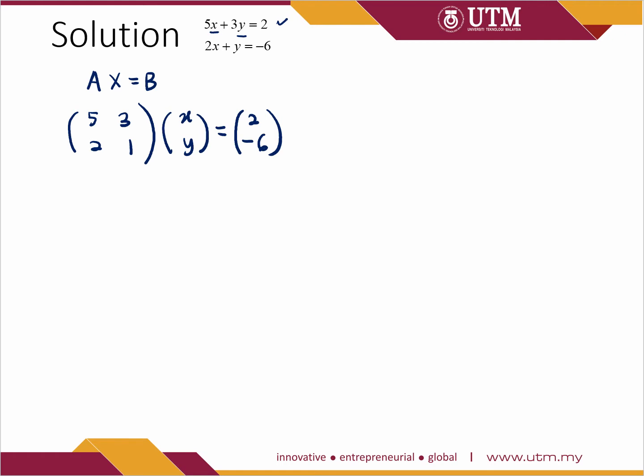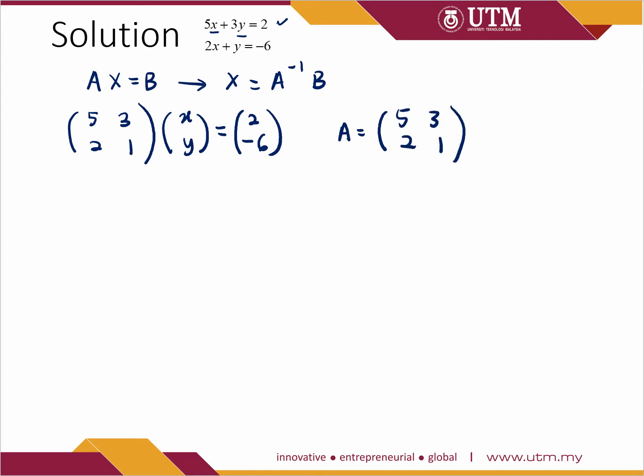Here, we want to find the value of the variables x and y, which we can find by taking the inverse matrix of A multiplied by B. Our A is equal to 5, 3, 2, 1.